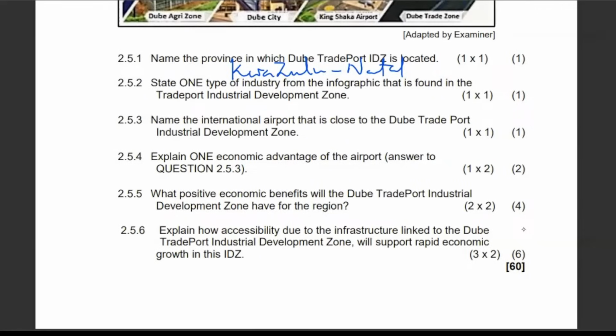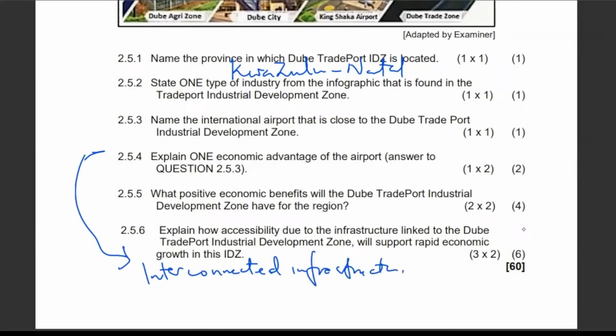This airport here, an advantage is because of the presence of the airport, it has created interconnected infrastructure to compete on international markets.